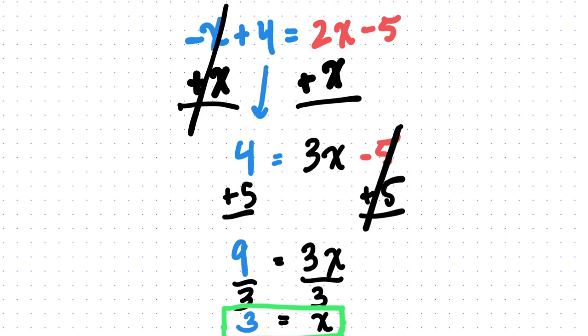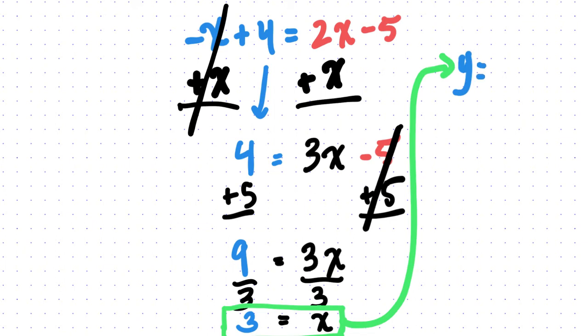Now we have to take this x value and use it in one of the original equations. So you can evaluate it into either negative x plus 4 or 2x minus 5. I'm going to go ahead and use it in the negative x plus 4 equation because the numbers are smaller.